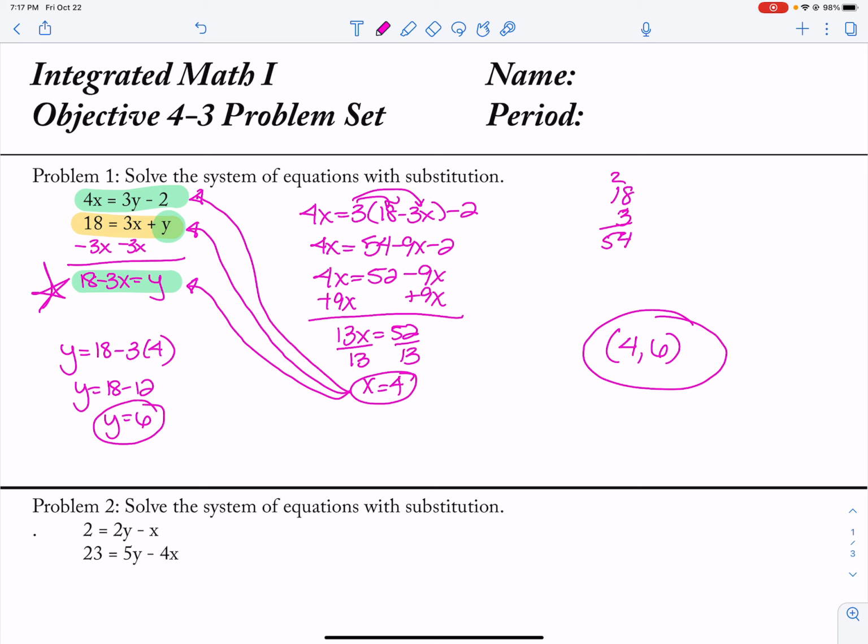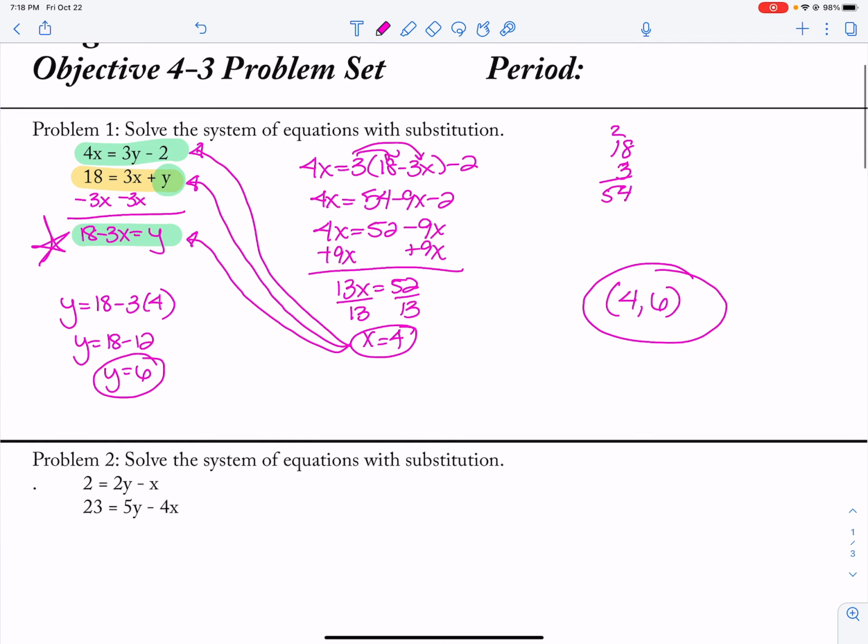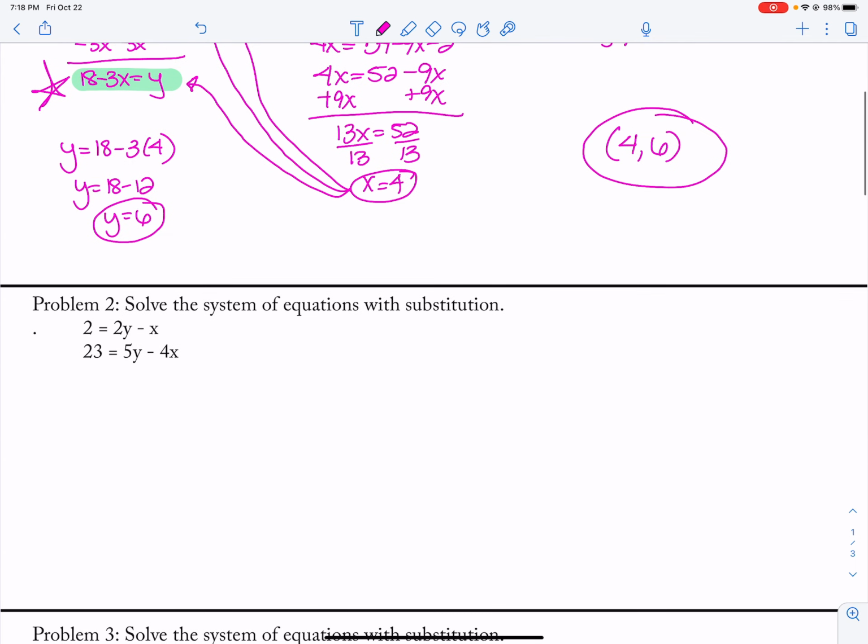When it comes to the word problems, I don't care if you write them as coordinate points. I actually prefer that you don't, and that you answer the question, since a certain thing represents x and a certain thing represents y. But we'll get there. We're not dealing with any words just yet.